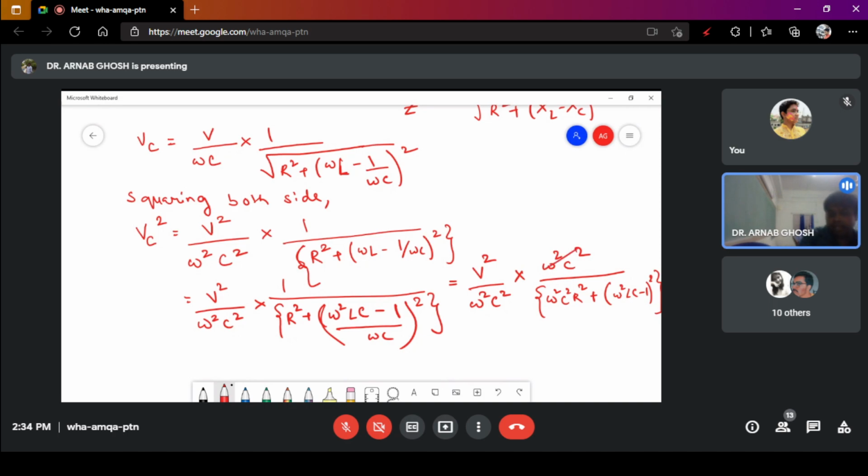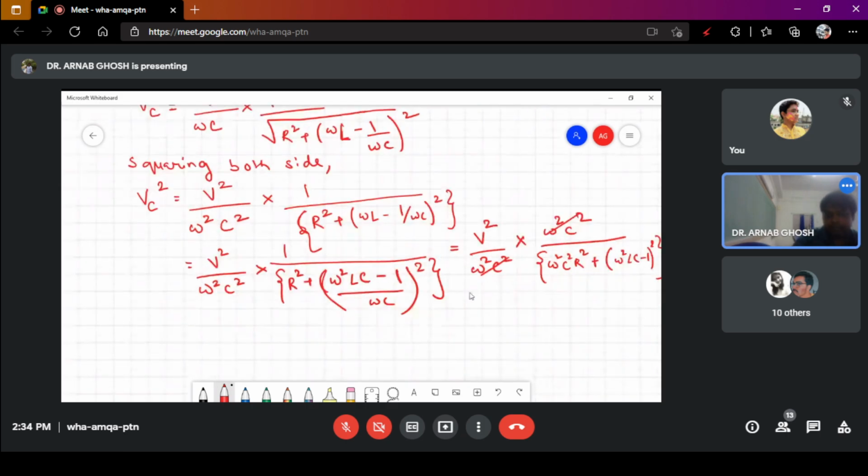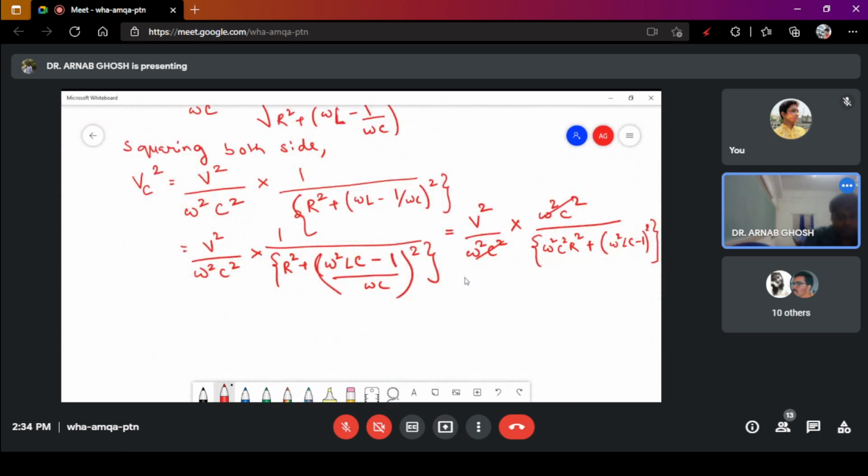So this thing and this thing get cancelled, so you are left with V square upon omega square C square R square plus omega square LC minus 1 whole square. Look at the steps. So you are left with this.